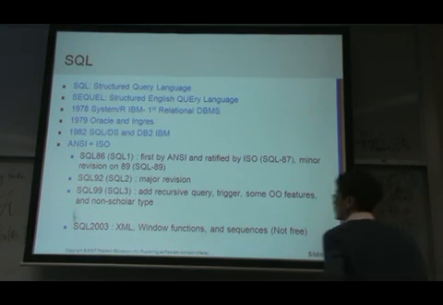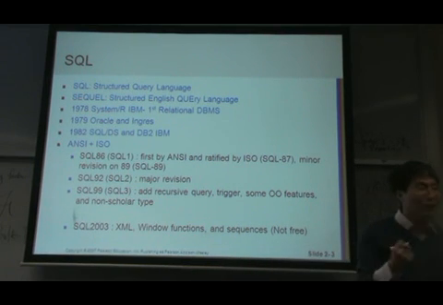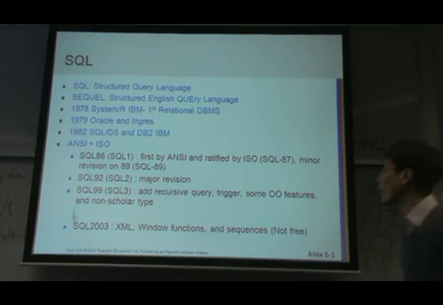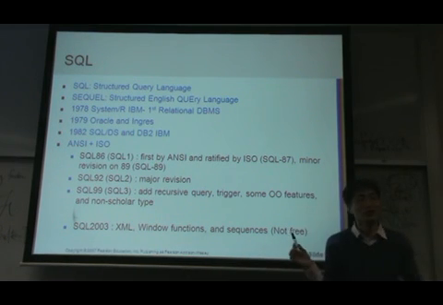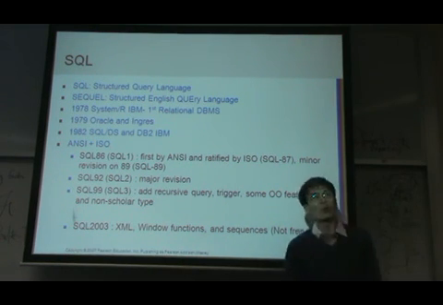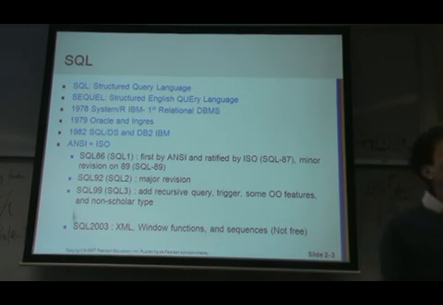However, from SQL 2003, Oracle and some major vendors, who lead the market, decided that from now on this standard is not free. In other words, even though I develop a DBMS based on the SQL 2003 standard, I need to pay a license to that group. That is the reason Oracle and the major vendors, Oracle, DB2 from IBM, Informix, which is also IBM, and Sybase and SQL Server from Microsoft, are the leading companies.